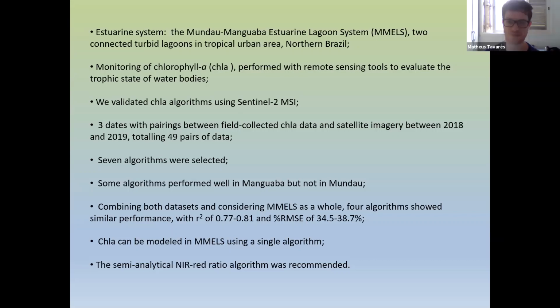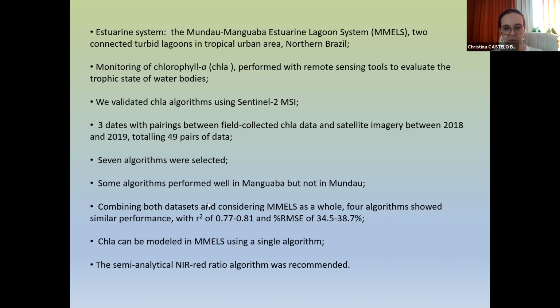Monitoring chlorophyll A performed with remote sensing tools to evaluate the trophic state of water bodies. We validated chlorophyll algorithms using Sentinel-2 MSI, 3 dates with pairing between field-collected chlorophyll data and satellite imagery between 2018 and 2019, totaling 49 pairs of data. 7 algorithms were selected. Some algorithms performed well in Manguaba, but not in Mundaú.